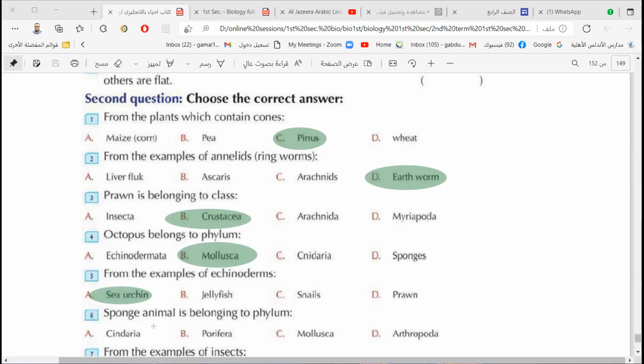Salma. Sponge animal belongs to phylum Cnidaria, Porifera, Mollusca, or Arthropoda. Which one? D. Sponge from Arthropoda? Arthropoda means jointed legs. So sponge would belong to the insects, arachnids and myriapods group. Of course not. The sponge doesn't have any jointed legs.